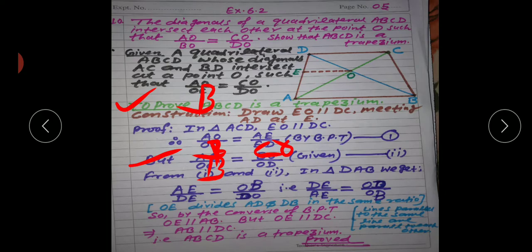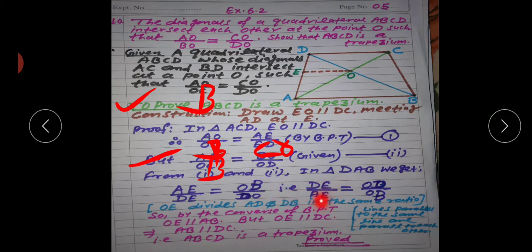So from equation first and second, in triangle DAB we get AE upon DE is equal to OB upon DO.